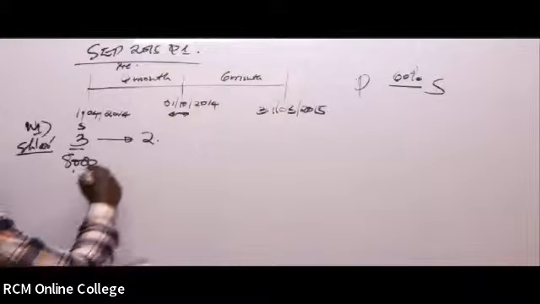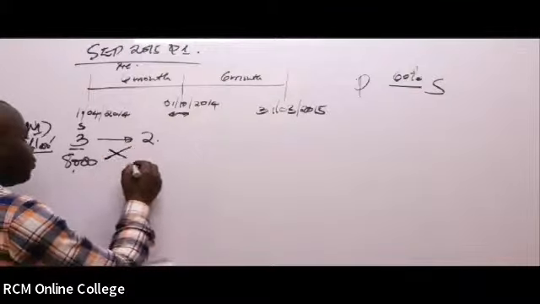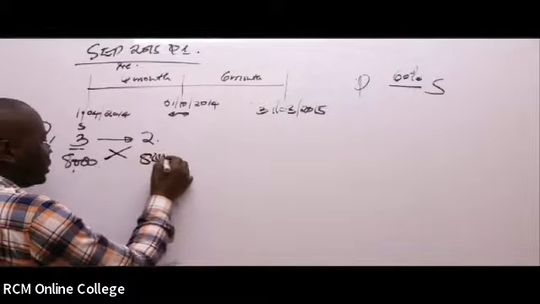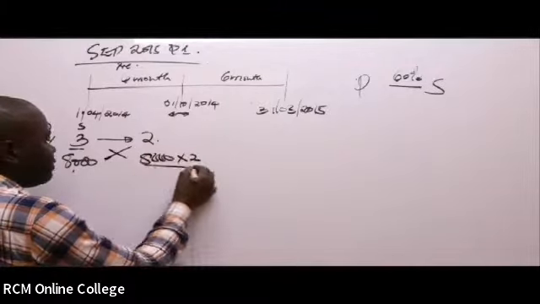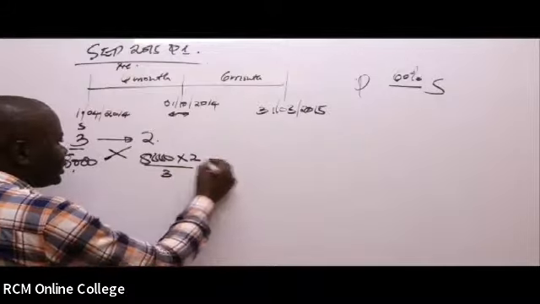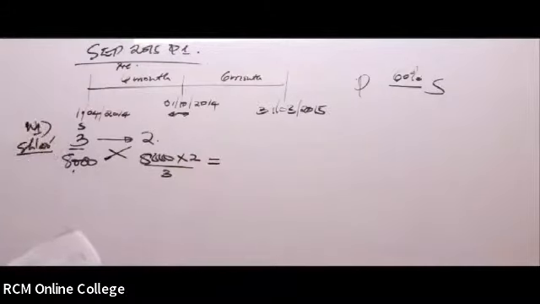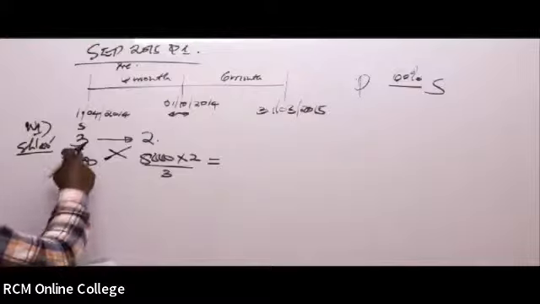So we'll do the cross multiplication here. We'll have 8 million multiplied by 2 divided by 3. How much do you get as the number of shares acquired from S?